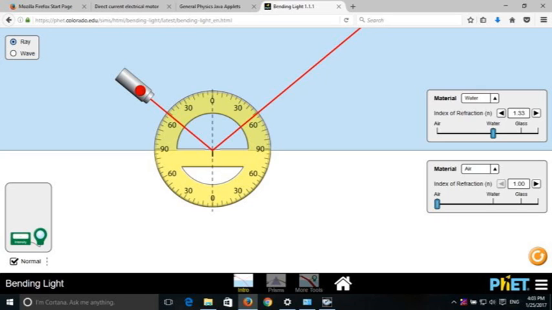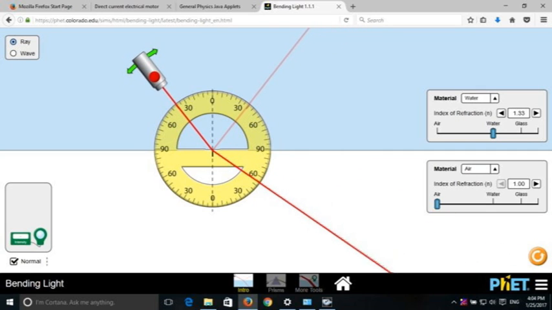I want to decrease that angle of incidence. Then you find the refraction is taking place. So this is the incident ray and this is the refracted ray. What you should notice here is, if you observe the angle of incidence, this is about the same angle which we measured earlier, about 40 degrees, and here the angle of refraction is reasonably large.